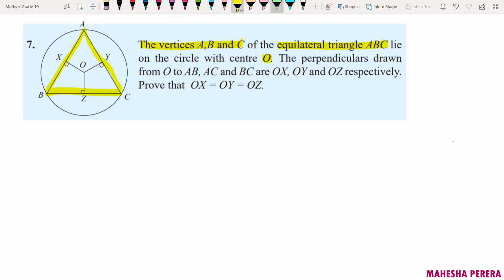The perpendiculars drawn from O to AB, AC, BC are OX, OY and OZ. Right, here are the perpendiculars. Prove that OX equals OY equals OZ.